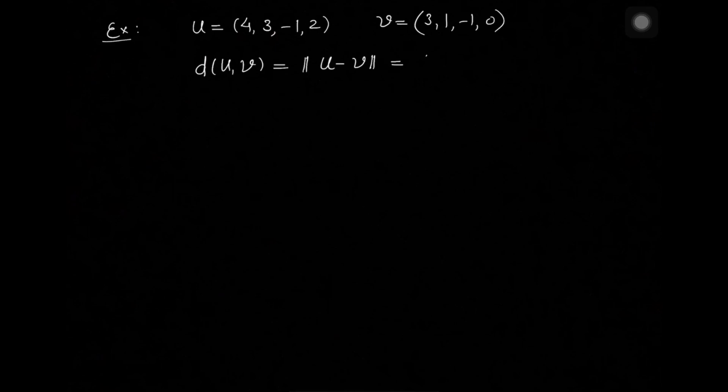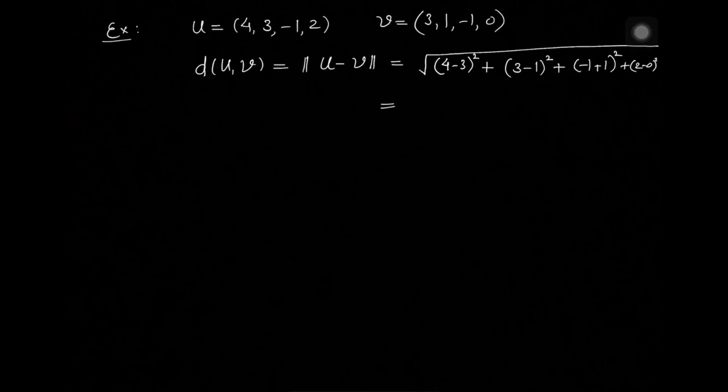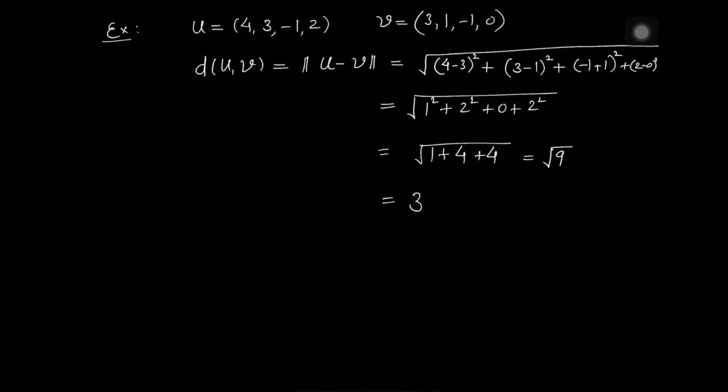So the norm of u minus v means u1 minus v1 squared, u2 minus v2 squared. Simplify it, you will get 1 square, so the distance between the vectors u and v is 3 units.